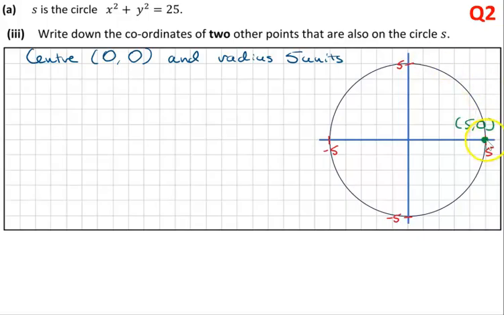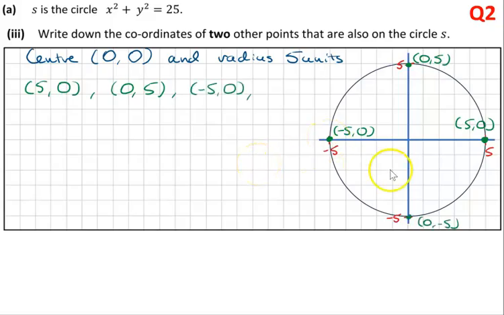So 5, 0 is one point on my circle. 0, 5 is another point. And we were only asked for 2, but I'll give you 2 more. Minus 5, 0. And 0, minus 5. So part 3 is worth 5 marks.